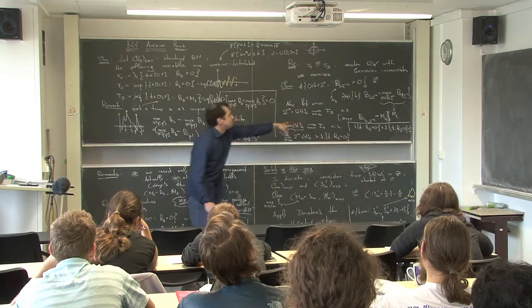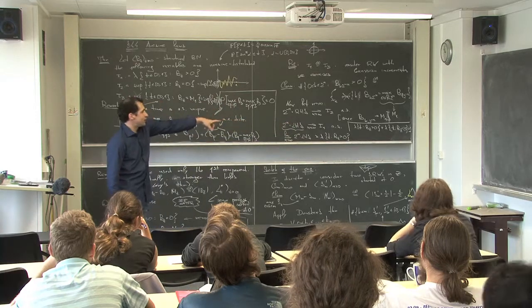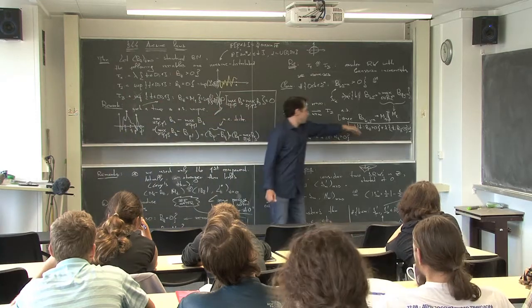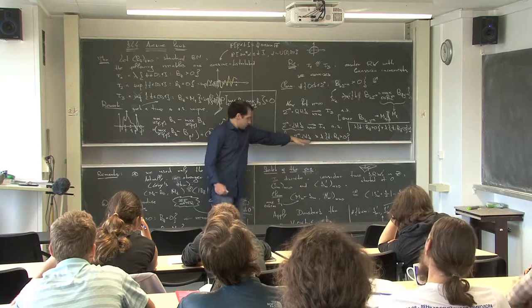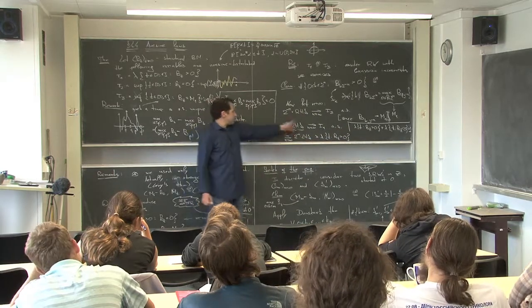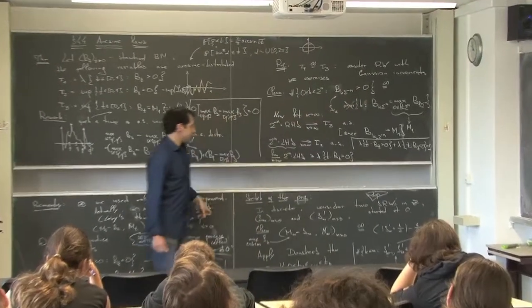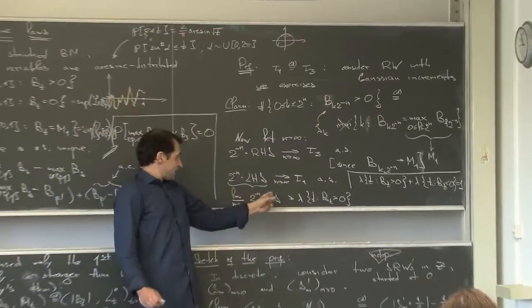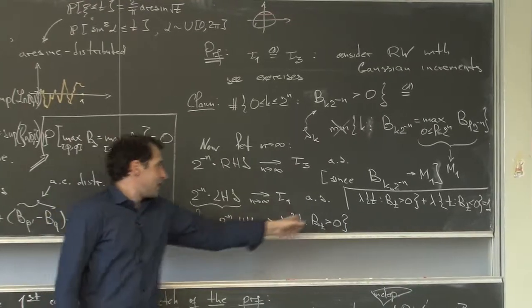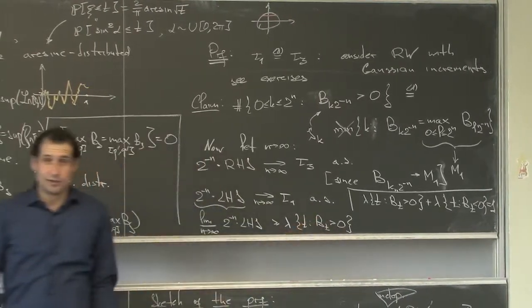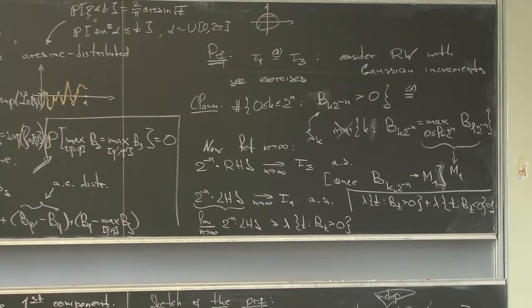I'm going to say a word on this in a minute, but just to conclude the proof, we know this. We know the same statement for the moments when B is strictly less than 0. And then we know that the sum of these terms is 1, and the sum of these terms is also 1. So because of that, all the limits exist.